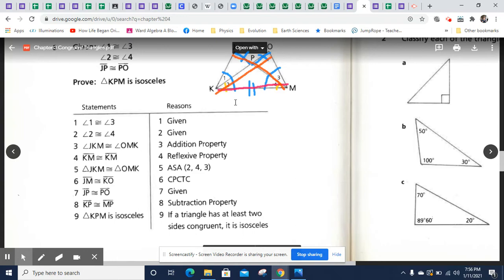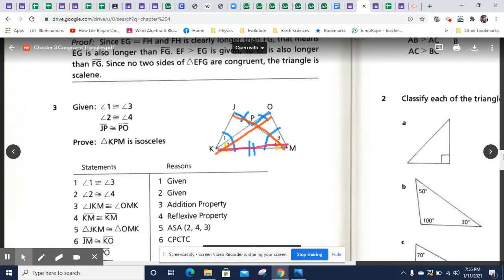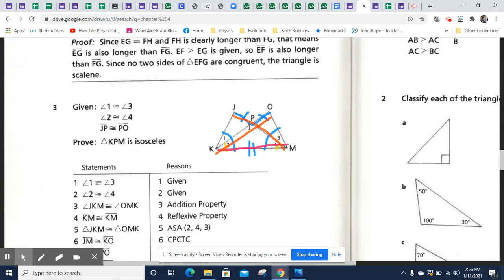Okay, so now we can prove that KP and MP are congruent by subtraction, because those two things are the differences here. MP and KP are the differences from these larger congruent sides minus these smaller congruent sides. And if you subtract congruent things from congruent things, you get a congruent difference.